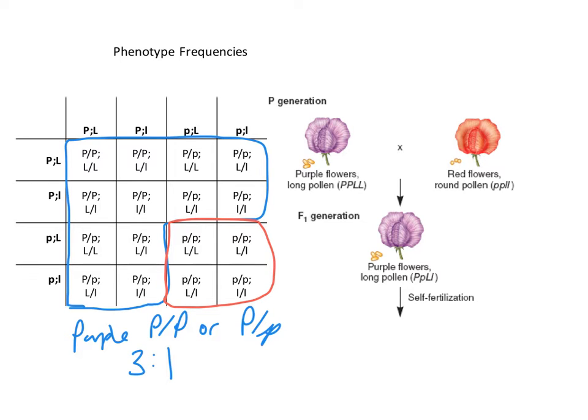So now we're talking about phenotype ratios, not genotype. So we've converted genotype to phenotype, and now we're counting up how many plants have certain traits. 3 to 1, purple to red. What about long pollen to round pollen?